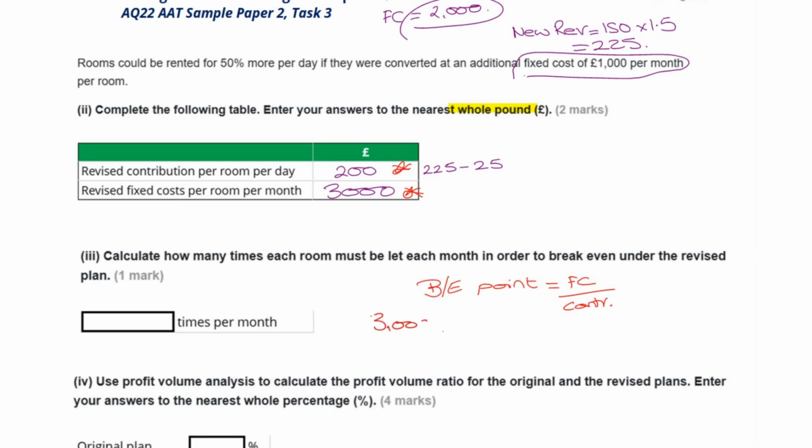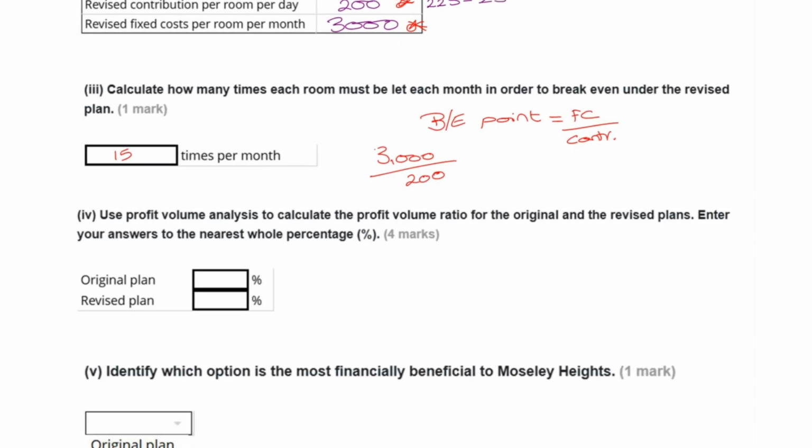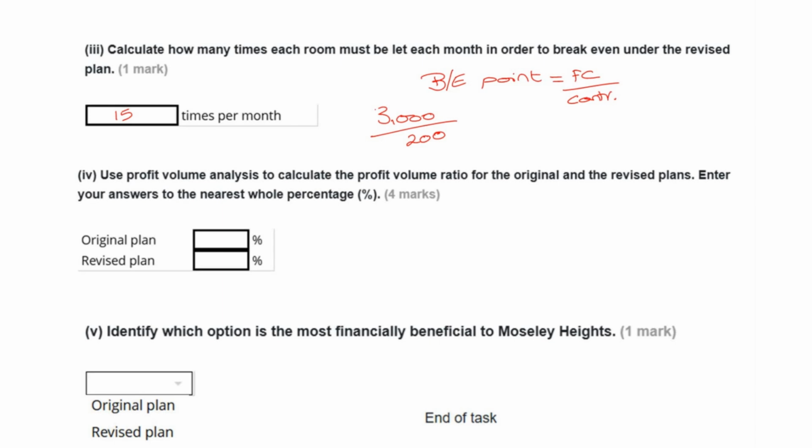So 3,000 divided by 200 gives us 15 times per month. Next, we need to use profit volume analysis to calculate the profit volume ratio for the original and revised plans. Enter your answers to the nearest whole percentage.